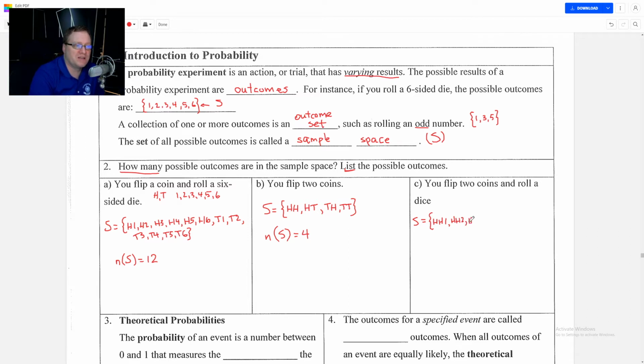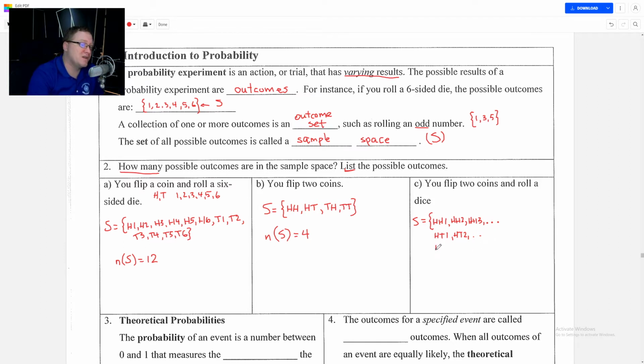Or heads, heads, 3. I'm not going to write them all out. Heads, heads, 4, heads, heads, 5, heads, heads, 6. Or I could get heads, tails, 1. Heads, tails, 2. And so on. Heads, tails, 3, heads, tails, 4, heads, tails, 5, heads, tails, 6.